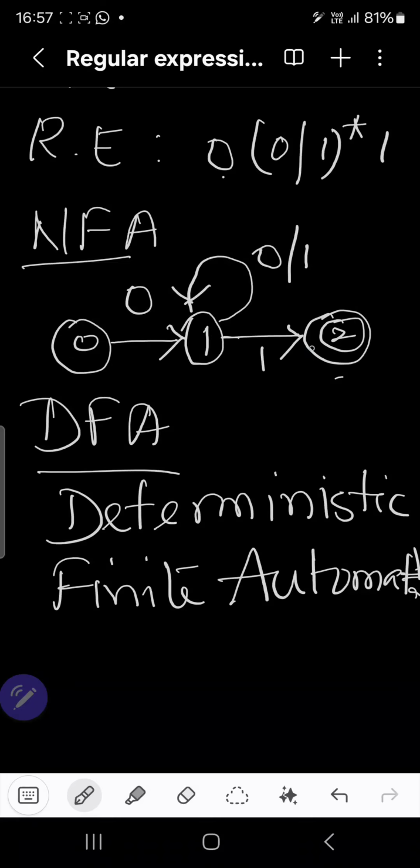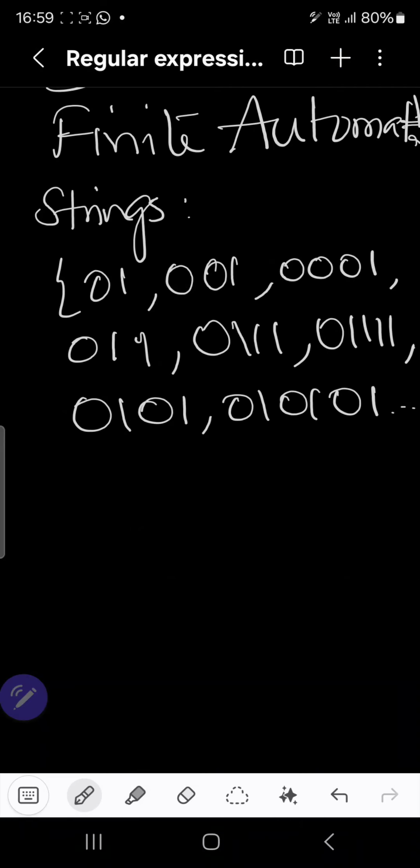So now let's try to draw the DFA for the same language. Now let's again see the strings which are permissible in this language. The minimalistic string is 01, which starts with 0 and ends with 1. We can see all the other strings like 001, 0001, a lot of zeros followed by 1.